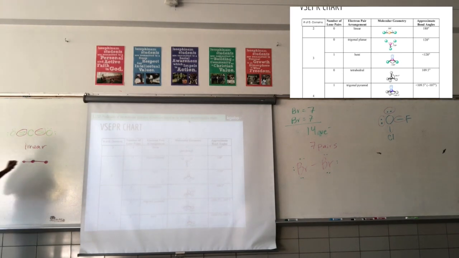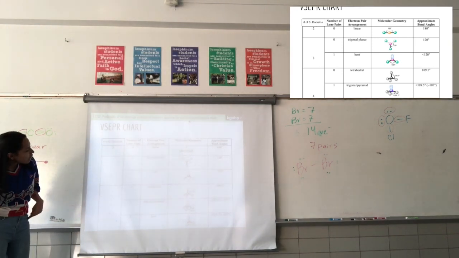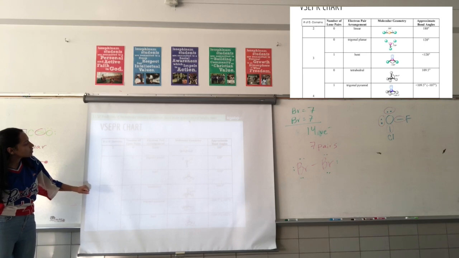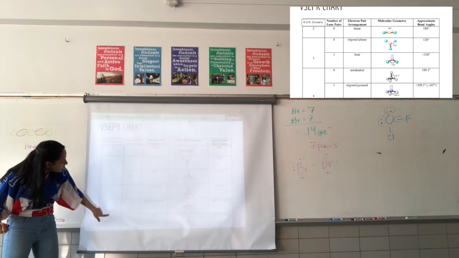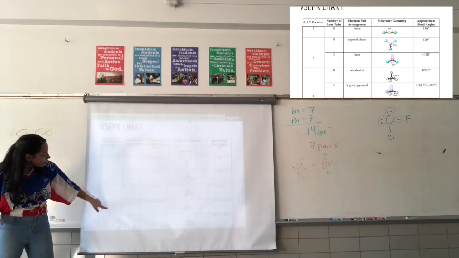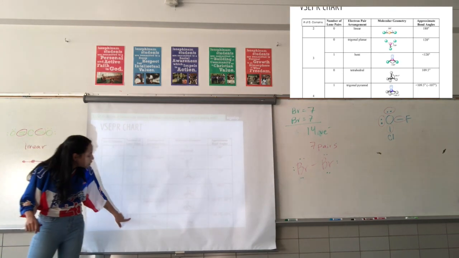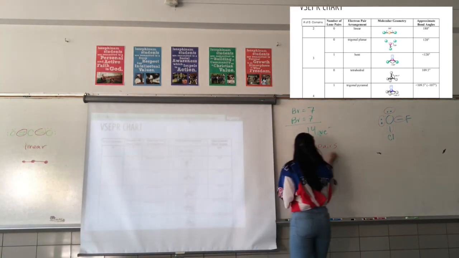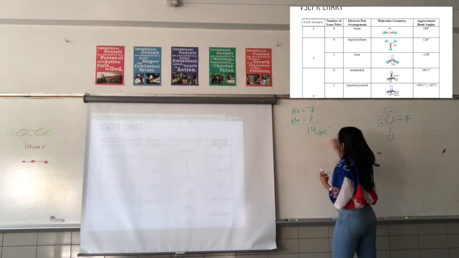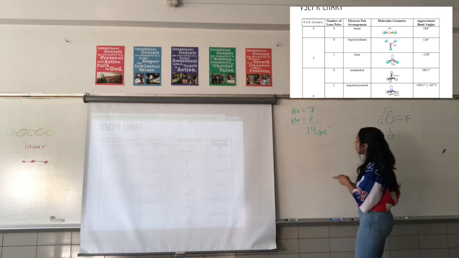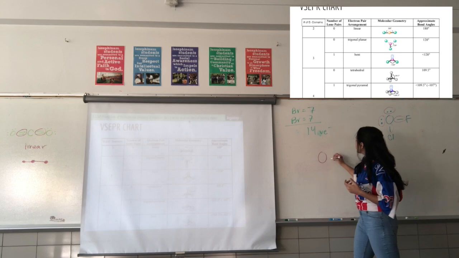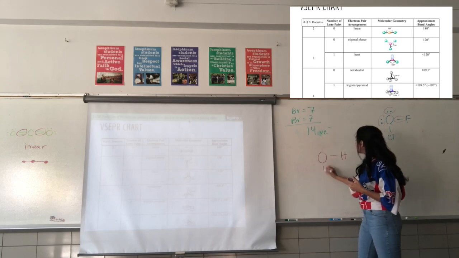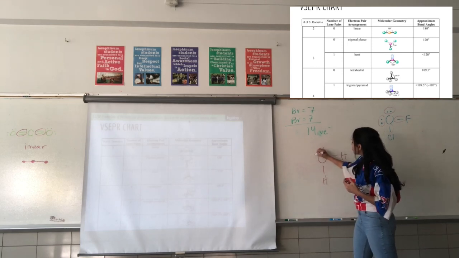Actually, I'll do this next example right here: 4 domains, and 2 of them are lone pairs. So I'll do that one over here. I have oxygen connected to a hydrogen and another hydrogen, and then it's got these lone pairs right here.